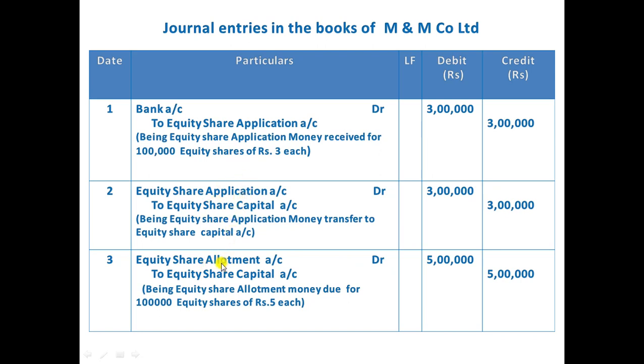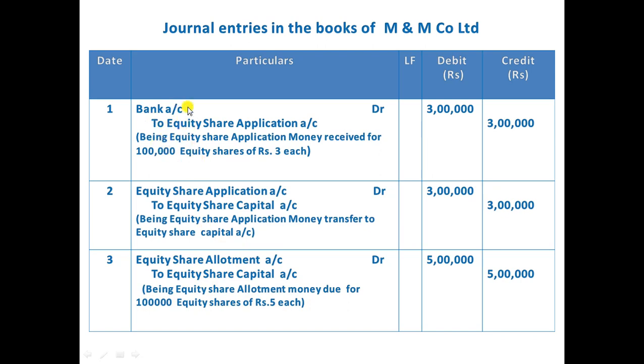From the second installment onwards the company will transfer to capital account first as allotment, then the company will receive the money. Already I said the reason: in the first installment the company doesn't know who is the shareholder, and after the first installment, through the applications, now the company knows who is the shareholder. So that is the reason from the second installment onwards the company first transfers to share capital as a due, then the company will receive the money.